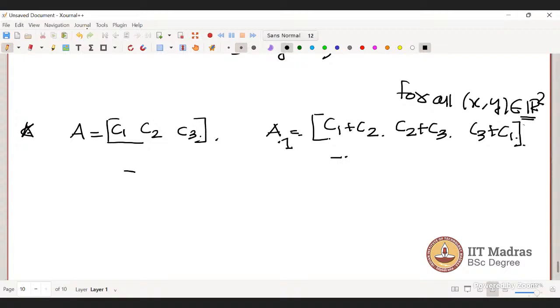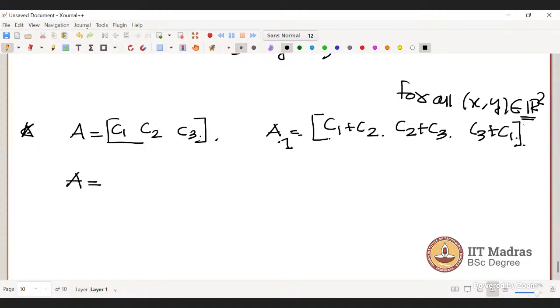I guess it is from one of the activities. The determinants of A and A1 can be different; they are not the same.